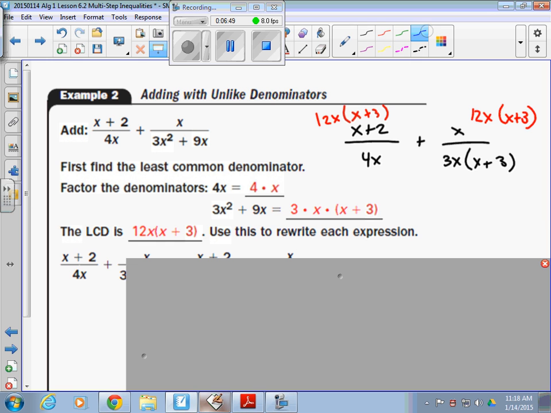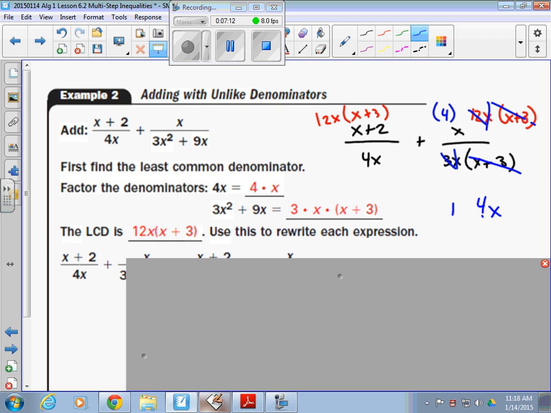Okay, it's easy to cancel out x plus 3 for that one because that's the same. Then cancel out x for that one because that's the same. And then the number 3 goes into itself once, so that cancels it out, and it goes into 12 4 times. So it leaves you with 4x on the right.